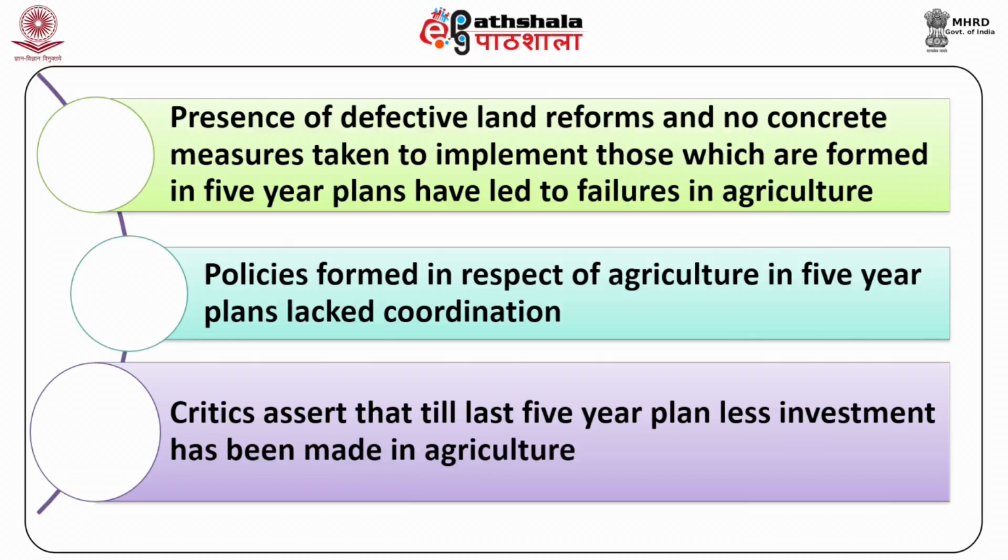Policies formed in respect of agriculture in 5-year plans lacked coordination. And thirdly, critics assert that till last 5-year plan, less investment has been made in agriculture. Also, whatever investment has been made in agriculture, it benefited the prosperous farmers the most.